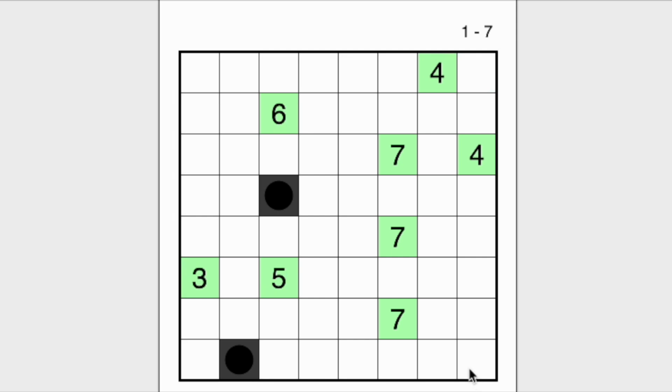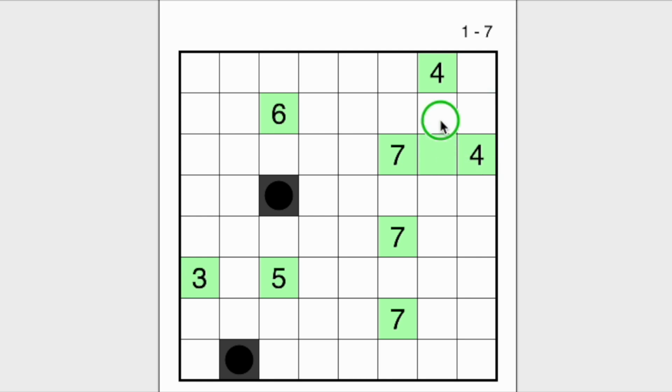Okay. So, we need exactly one region of each size from 1 to 7. The first thing I'm going to see is this 4 region calls out to me, because a 4-cell region between these two, that includes these two cells, really doesn't have very many options.